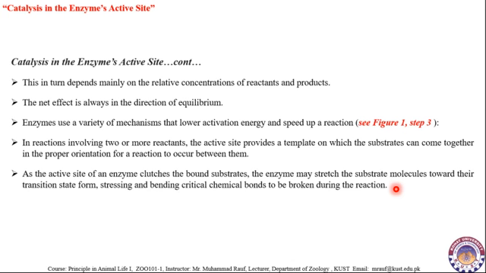In the previous lecture we discussed the active site where the R groups of the amino acids interact with the molecules of the substrate, and this interaction results in the stressing and bending of the bonds of the substrate, and as a result the conversion into products is ensured.